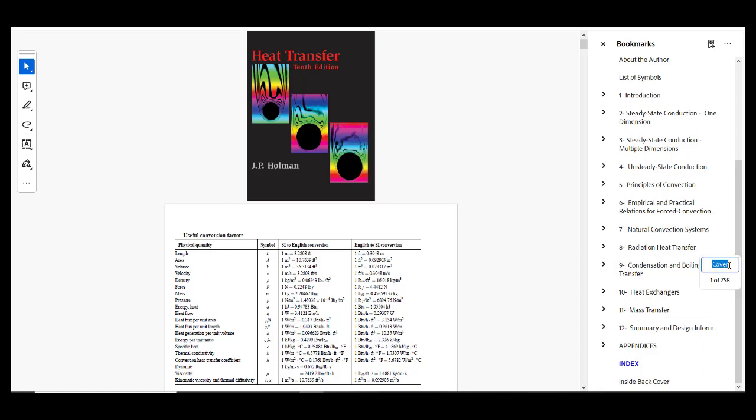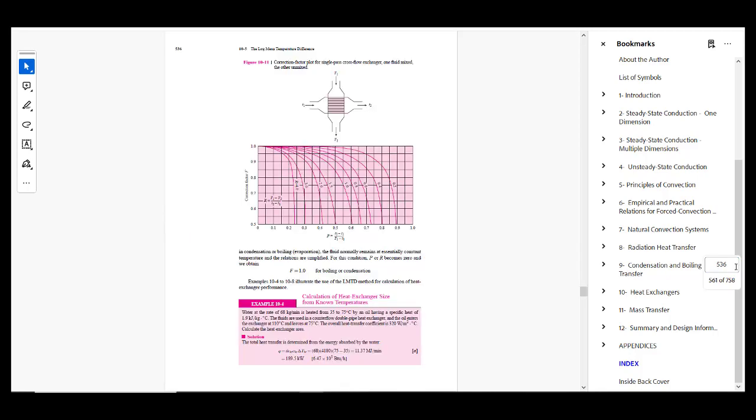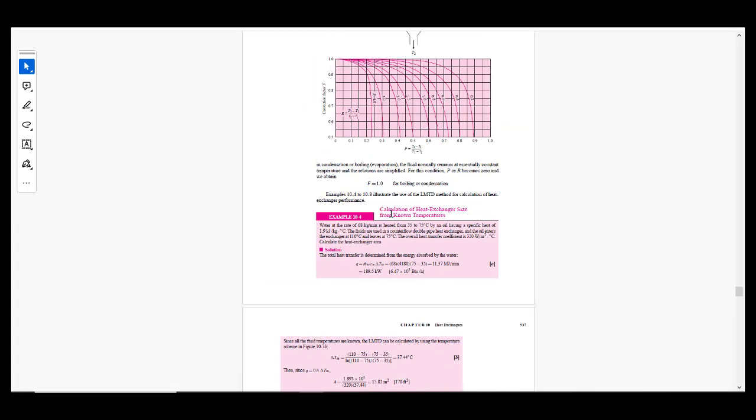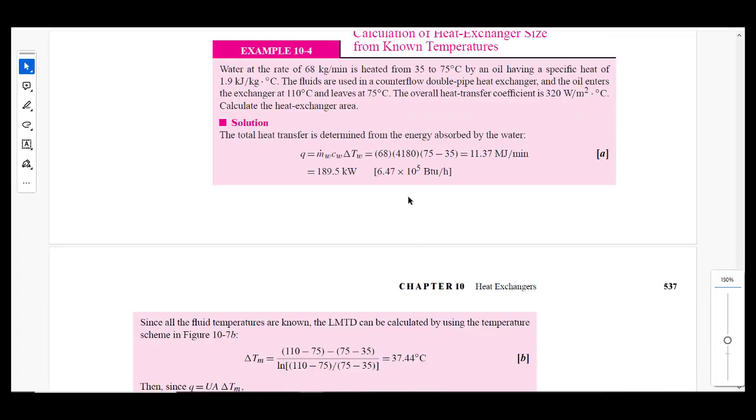Let me go to page 536, which is example 10.4. Let us read it together. Water at the rate of 68 kg per minute is heated from 35 degrees Celsius to 75 degrees Celsius by an oil having a specific heat of 1.9 kJ per kilogram degree Celsius.